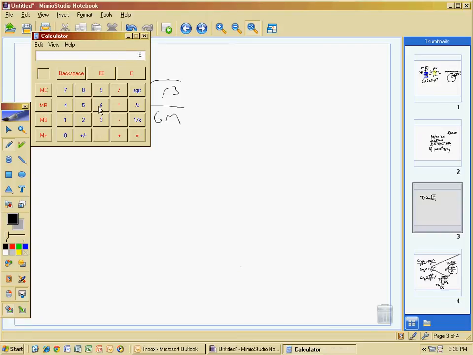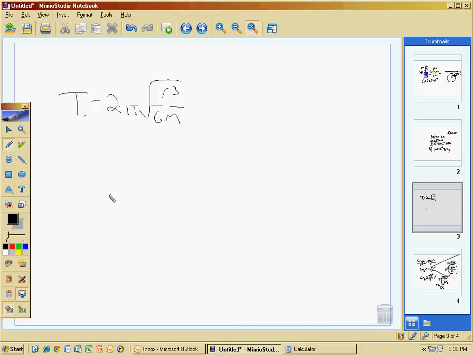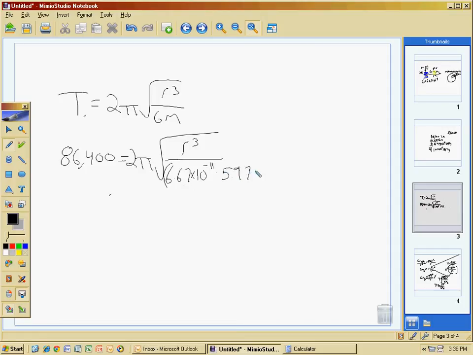There are 24 hours in a day, 60 minutes per hour, 60 seconds per minute, which means there's 86,400 seconds per day. So T equals 2 pi times the square root of r cubed over the gravitational constant times the mass of the Earth, which is at the top of your page.